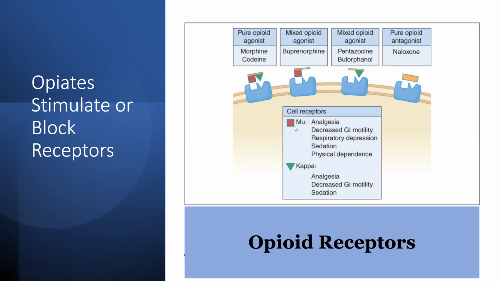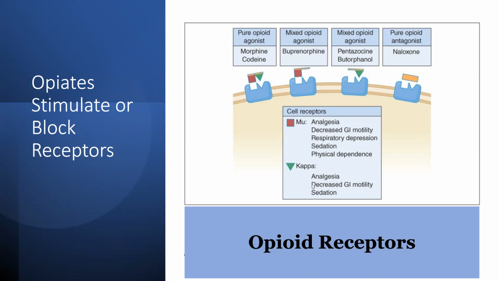They always act on the mu receptors. If they are acting on mu receptors, morphine and codeine will always give the analgesia effect. They will always do respiratory depression, sedation, and also physical dependence of that drug. So morphine, codeine, and buprenorphine, these three drugs.